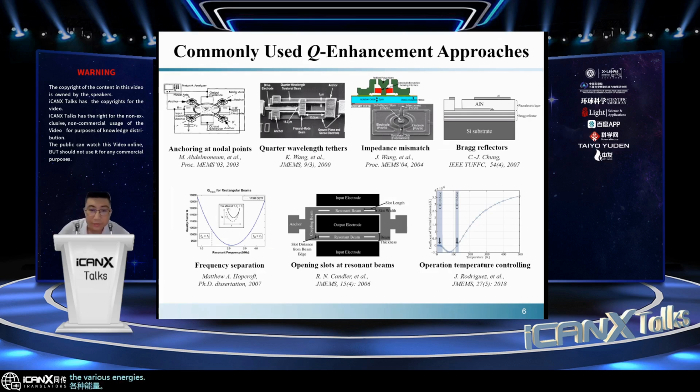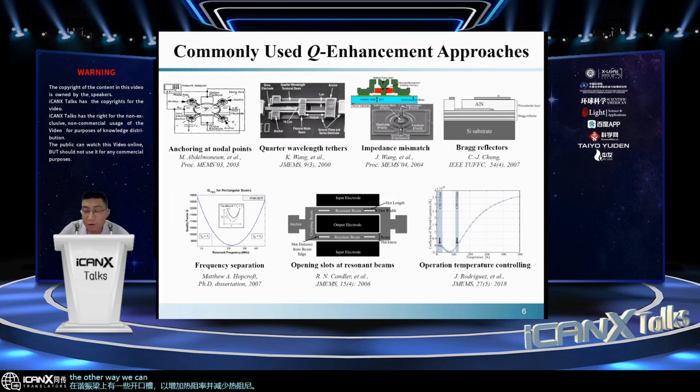vibration energies. For thermoelastic damping, we can separate the thermal frequency from the mechanical frequency, so we can reduce the thermoelastic damping. We can also have some opening slots in the resonant beam to increase the thermal resistivity and reduce the thermoelastic damping.